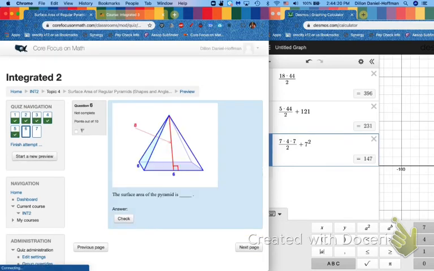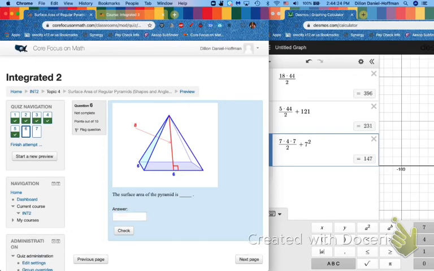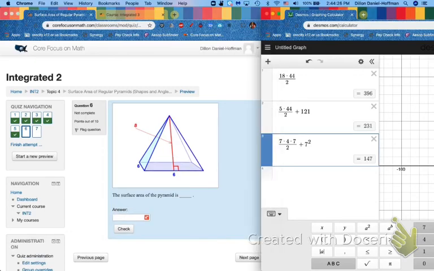See, number 6, same kind of thing. I have 6 as my side length. So notice I'm just going to use this form and just replace my numbers. So instead of 7 as my base, I have 6, so I replace that. And instead of 7 as my slant height, on this problem I have 8.